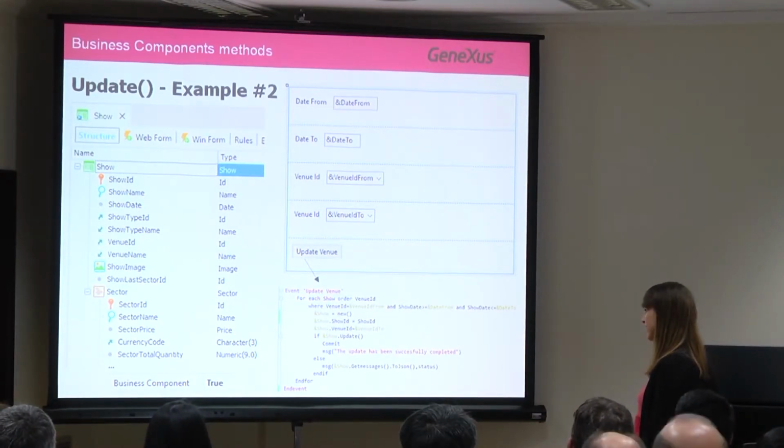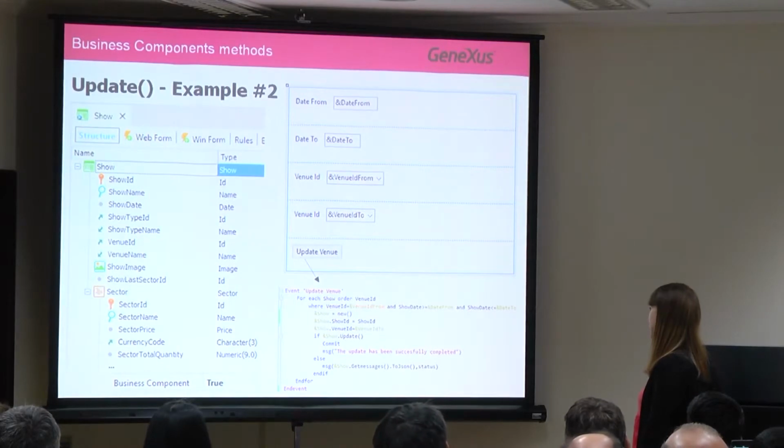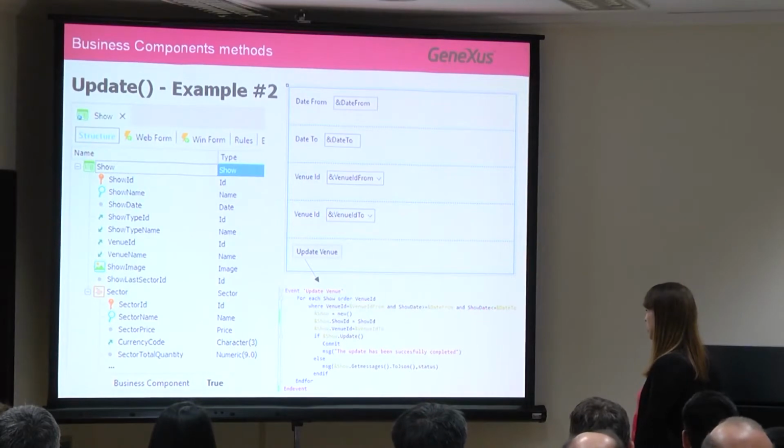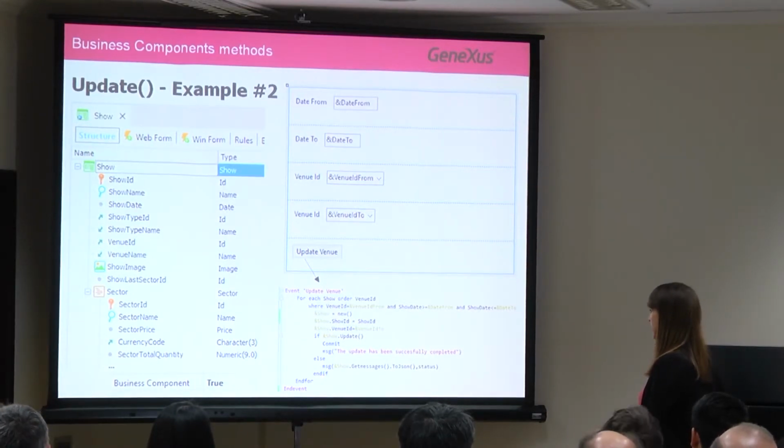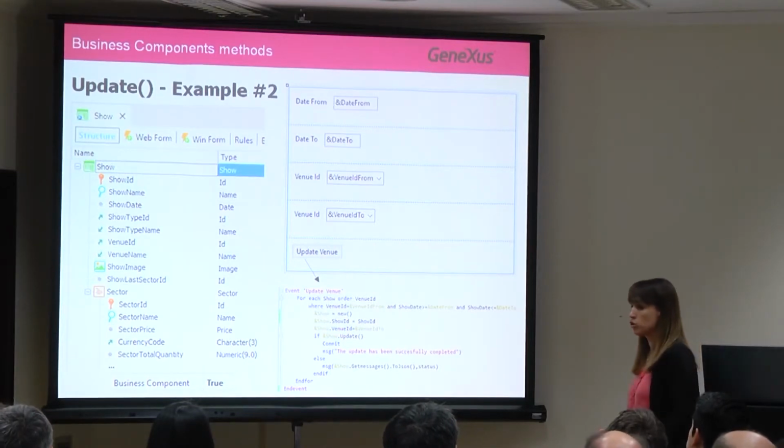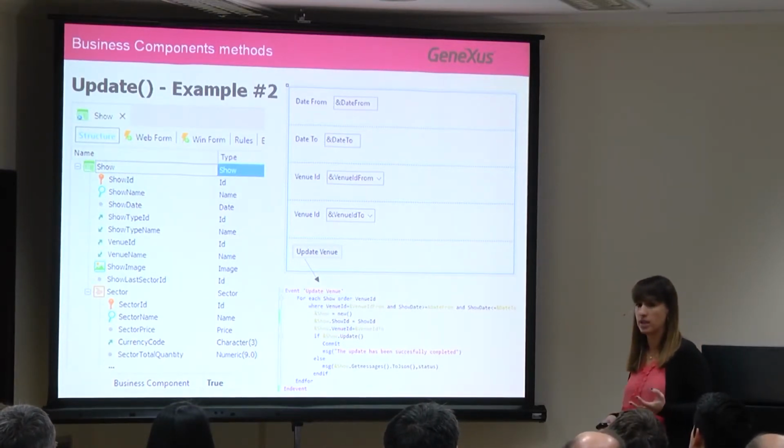So I'm going to define the events with this button. Here I did a for each, I'm mentioning the base transaction. I'm going to the shows that fulfill these requirements. They were supposed to take place in this place during these dates. And here I'm updating with update, as I showed before. So I'm just changing the place, updating, commit, and if there are errors, I send the message. So this is a loop that is making the update.